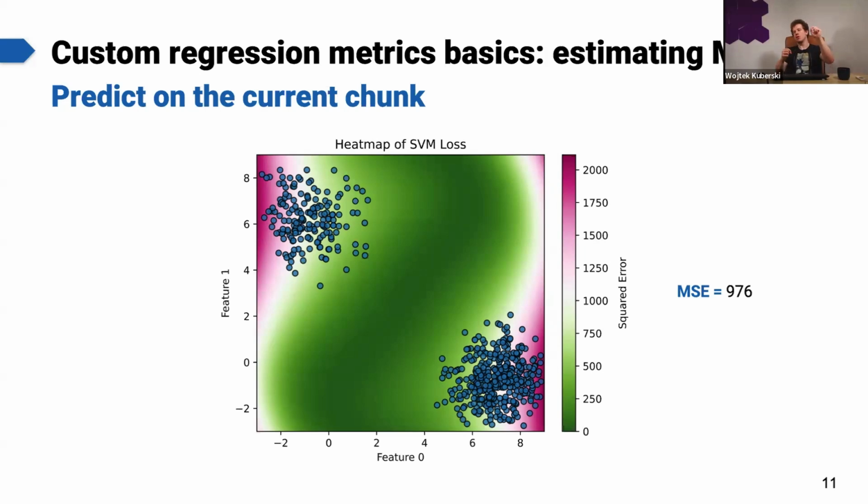We're going to then, for each of those data points, predict squared error, and then we're going to take some kind of average over that, let's say mean, and we get our mean squared error that we can estimate on the current chunk of data without access to targets. This is the quick overview of how it works.